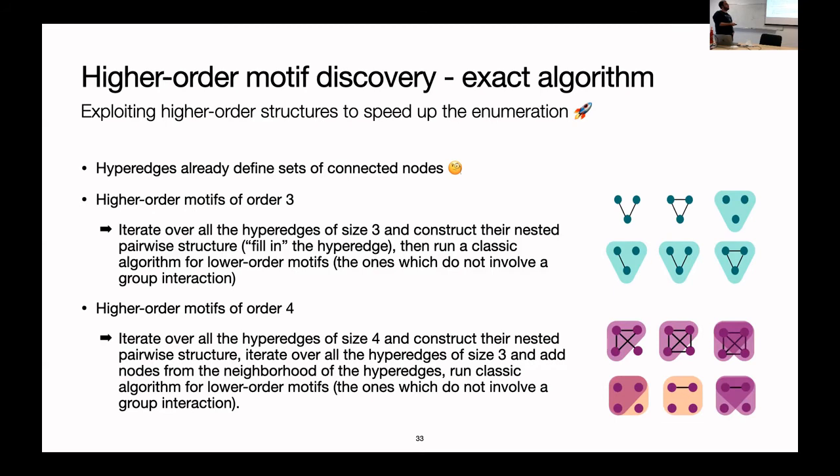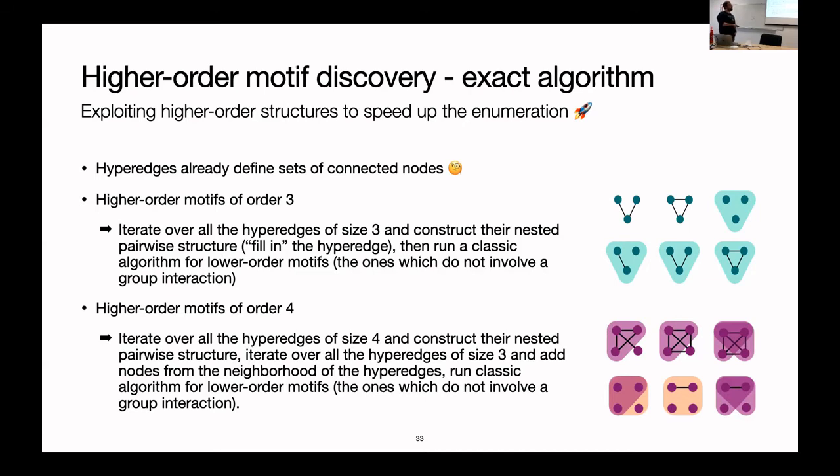Of course, we cannot do the same reasoning for classic, lower order motifs, the ones that do not involve a group interaction. In that case, we simply discard the group interaction and run the classical algorithm, and we save time just for the motifs with group interaction. For higher order motifs of order 4, we have the same reasoning.